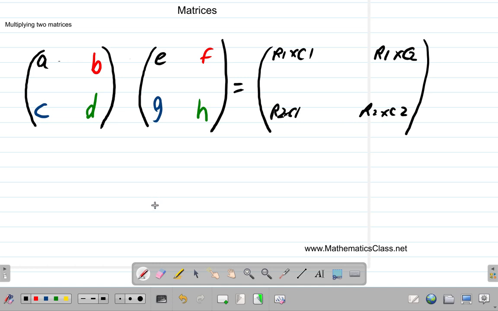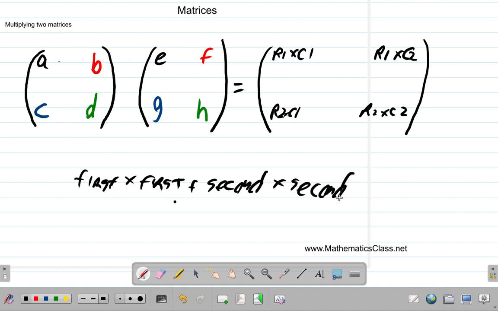Now, you multiply first times first. It will be first multiplied by first plus second multiplied by second.